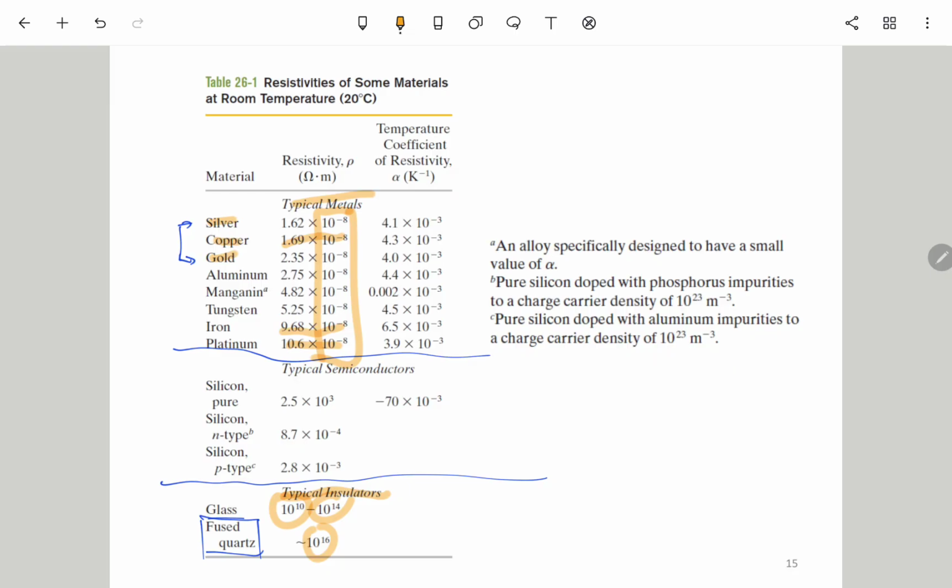In between we have the typical semiconductor. This is generally used for the IC. You can see pure silicon.